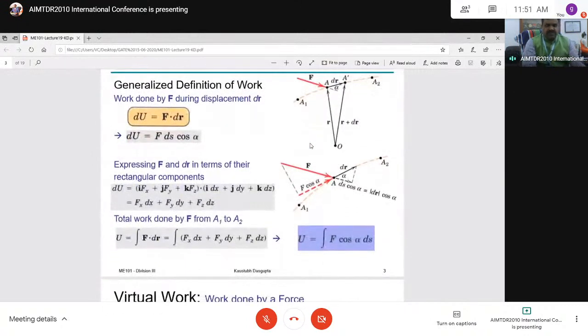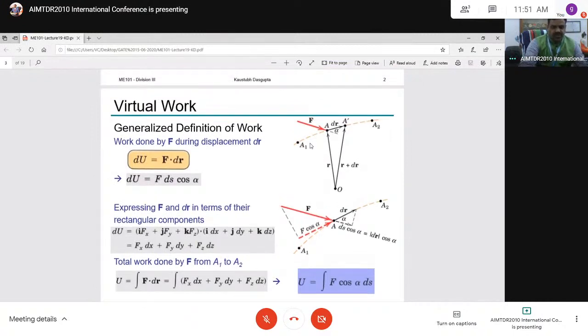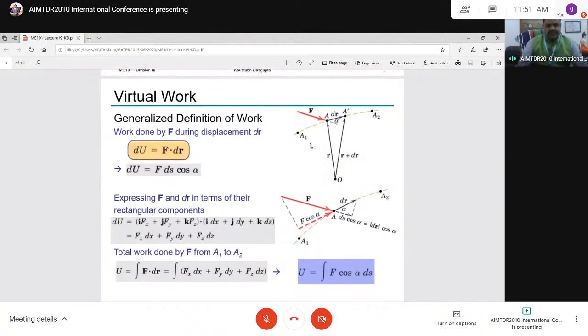This is the vector notation. In most of the earlier cases we have used scalar notation. If you are considering vector notation, work done by the force is as follows. A generalized force is acting on a particle, and the displacement is dr. Both are not in the same direction.